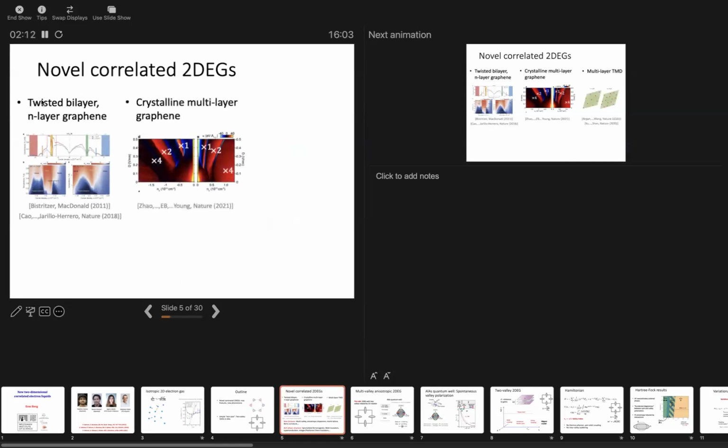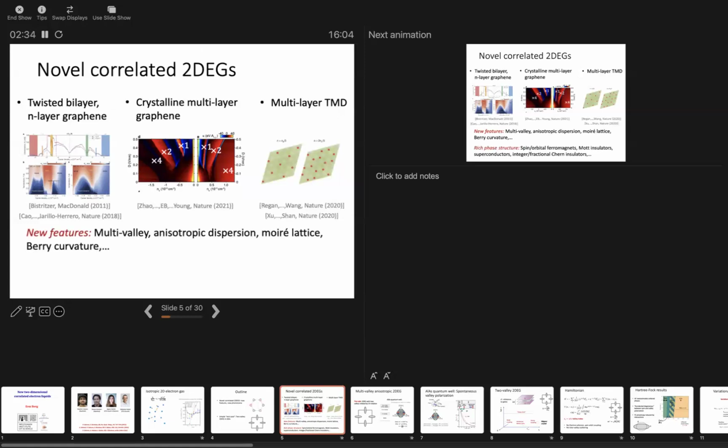Another such system that I discussed yesterday is crystalline multilayer graphene, rhombohedral multilayer graphene. It shows all sorts of symmetry-broken phases and superconductivity. And there are also multilayer 2D materials that show a strikingly rich set of phenomena.